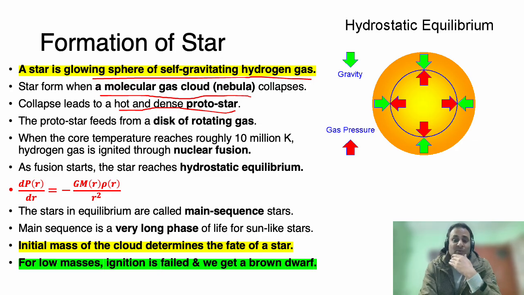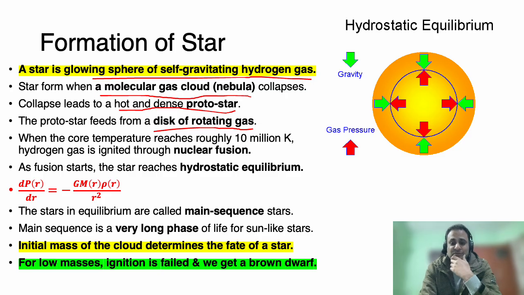Whenever there is a gravitational collapse of a gas, it's not linear. The gas has to spiral into a center of mass, or center of gravity. So this makes a kind of disk around the protostar.